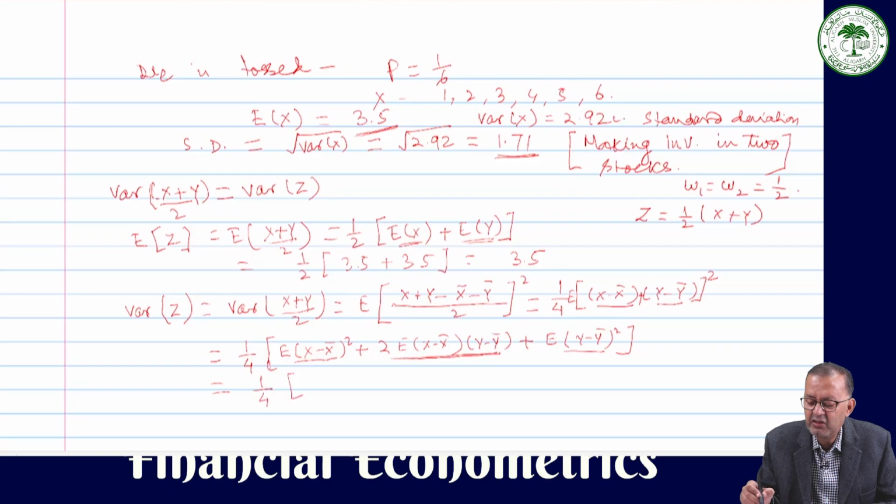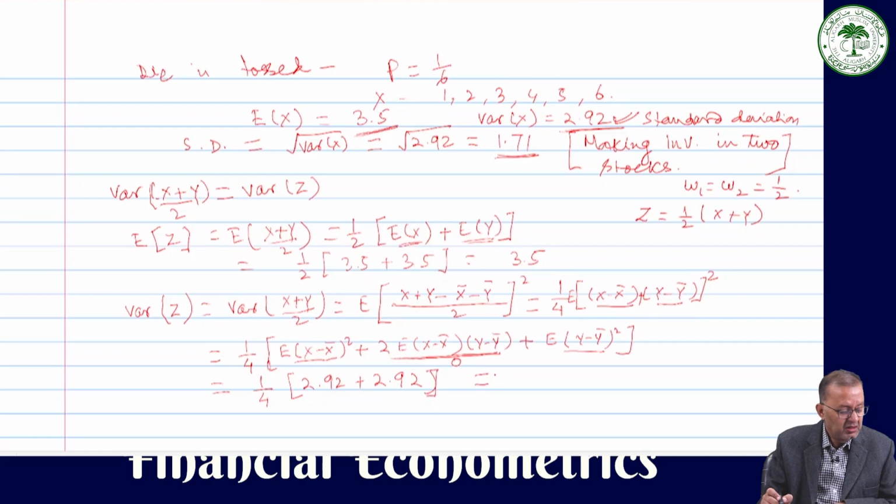This variance is equal to 2.92 in the case of a die. So this is 2.92 plus 2.92, this term being 0. This comes out to be 1.46.